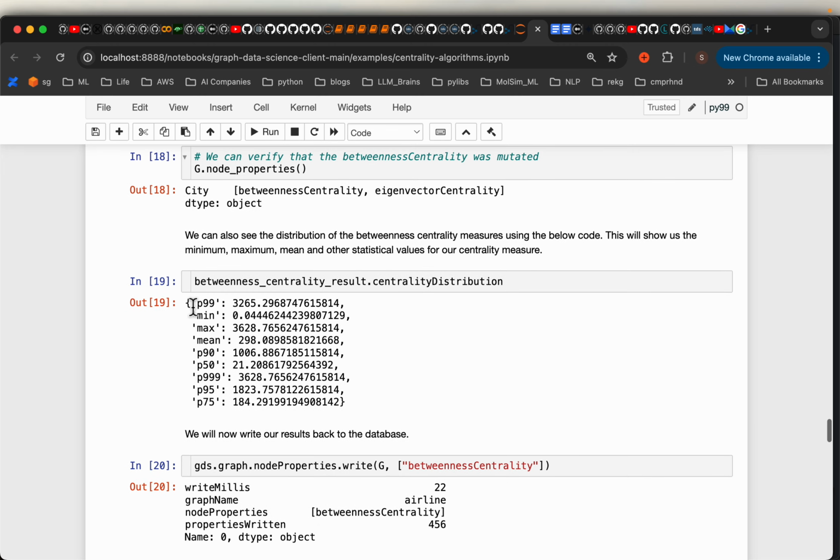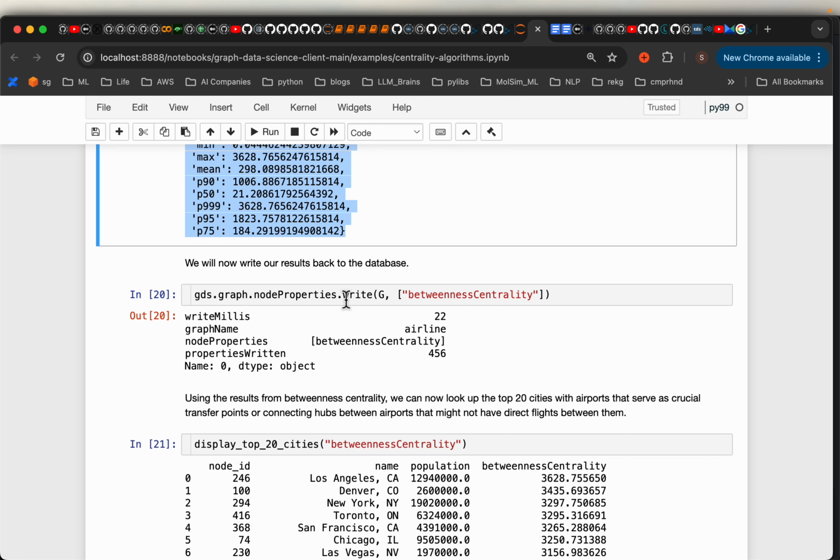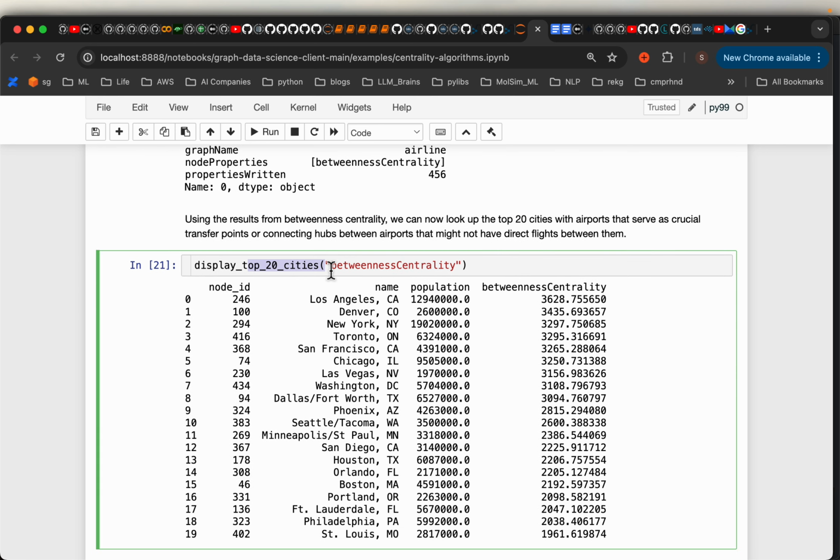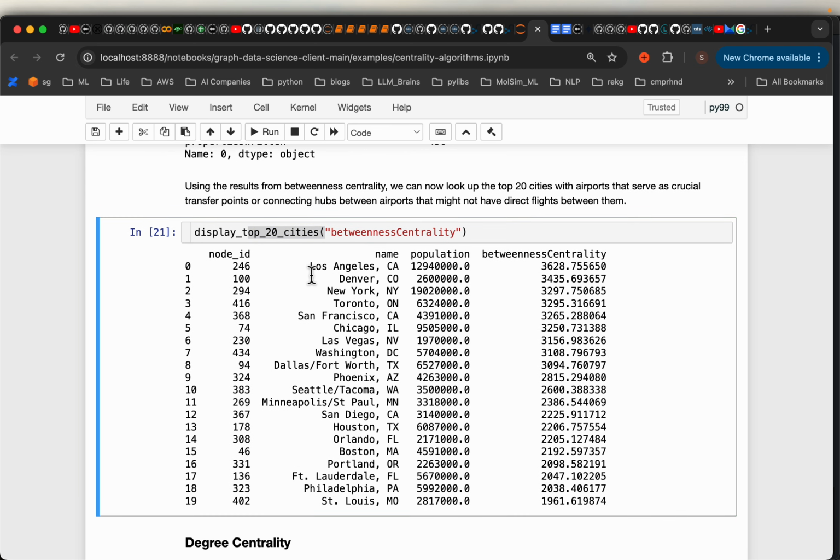All right, again we look at the distribution, write the result to the database, and let's look at the top 20 cities with highest betweenness centrality. So this time here we have Los Angeles, Denver, New York, and so on and so forth.